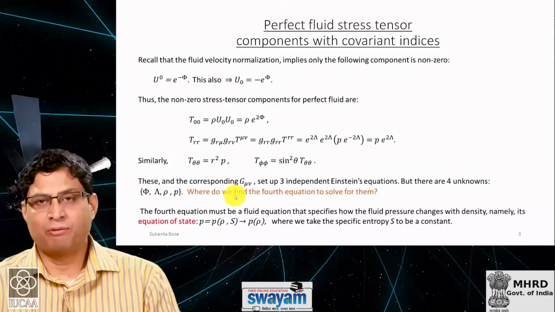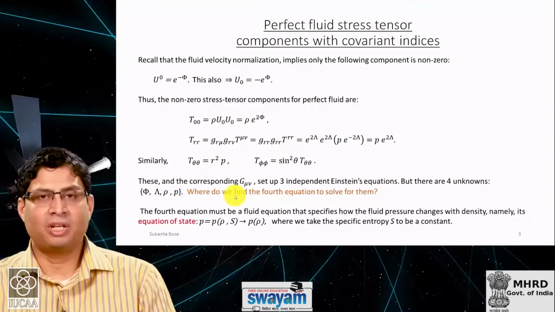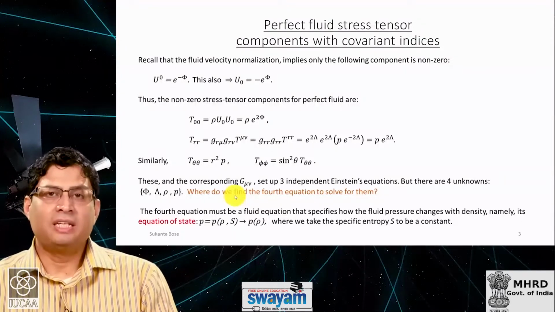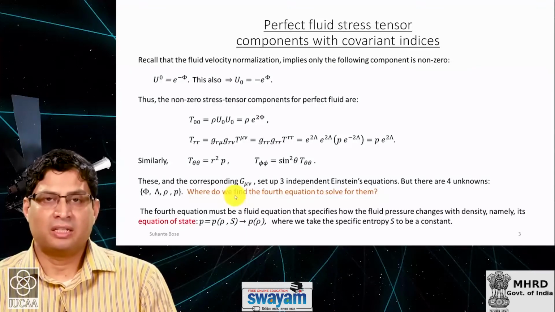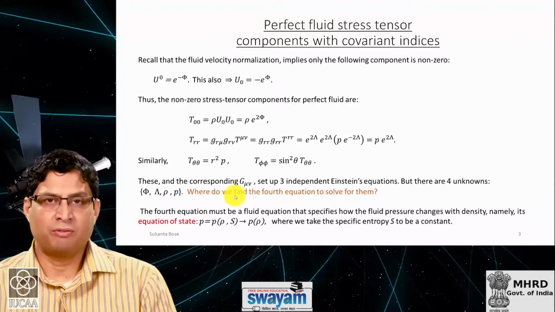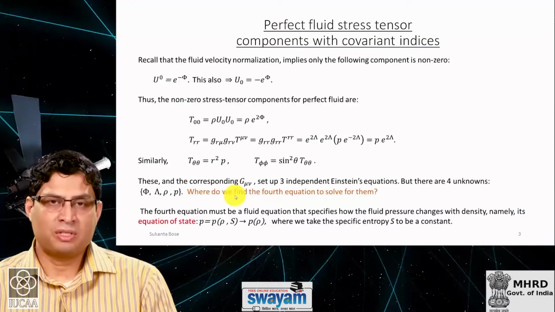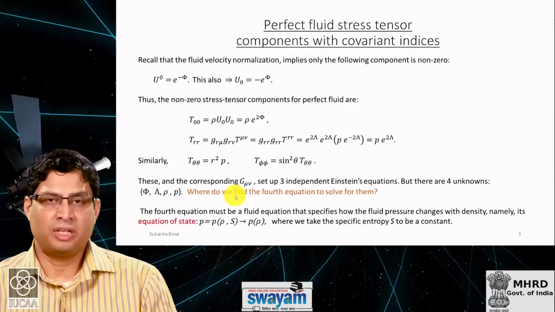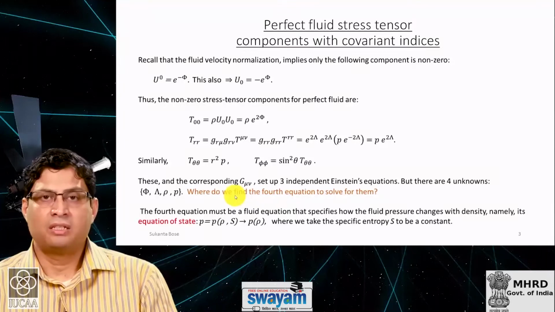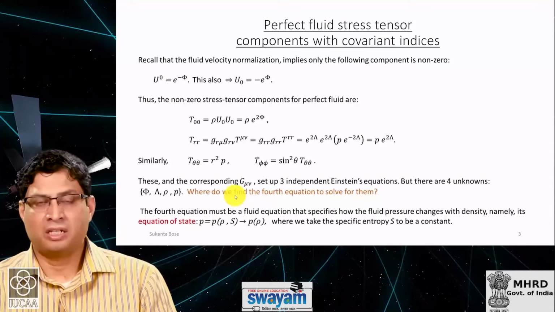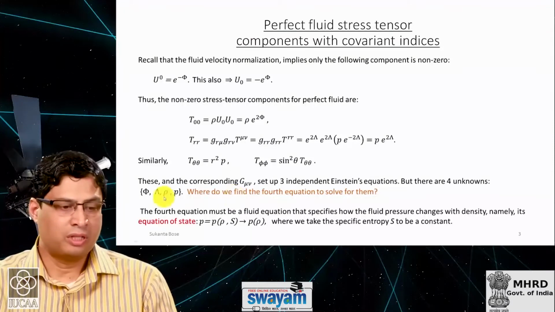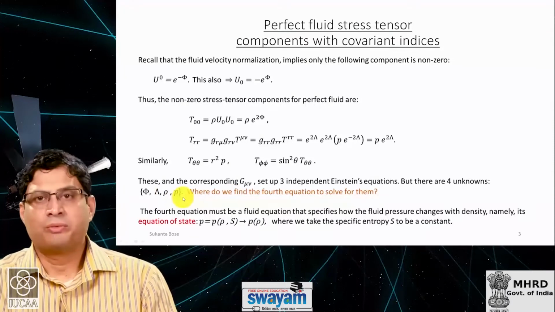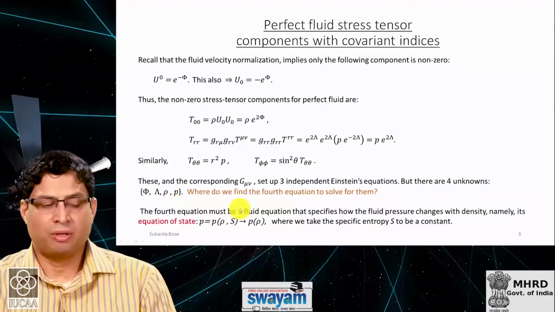If you have done fluid dynamics, even in flat spacetime, you realize that you need another equation to specify the nature of the fluid, and that is the equation of state of the fluid. We dealt with examples of equations of state of different fluids like dust, radiation, dark energy. So you need an equation of state, otherwise you are not describing the fluid completely enough. Thankfully this is not a problem.